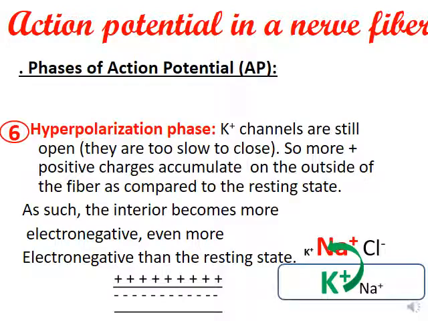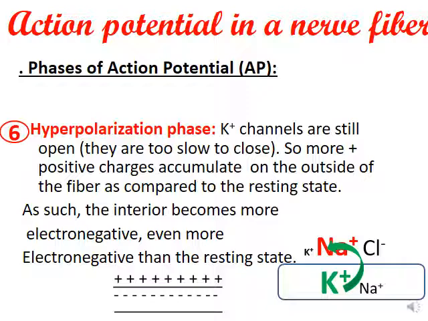Okay, so in hyperpolarization, the K+ channels are still open, they are too slow to close. So more positive charges accumulate on the outside of the fiber as compared to the resting state. So the interior becomes more electronegative, even more electronegative than the one in the resting state.